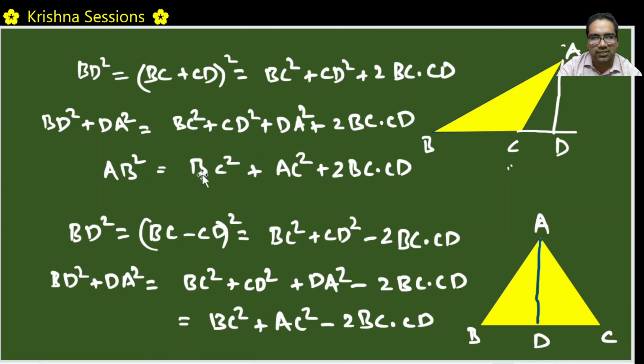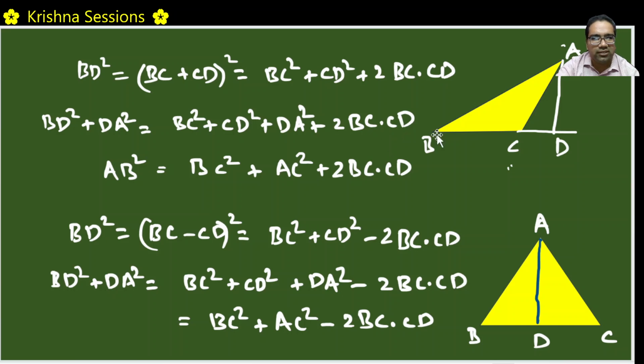So AB square is equal to BC square plus, again ACD is another right angle triangle, so CD square plus AD square is equal to AC square. So we can replace these two terms with AC square. AB square equals BC square plus AC square plus 2 into BC into CD. Right.